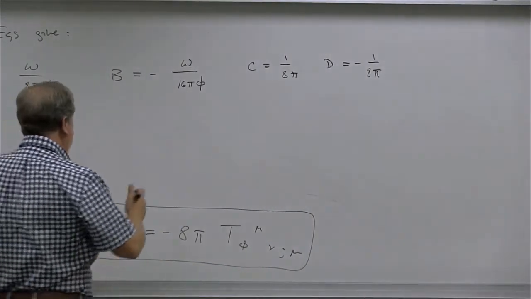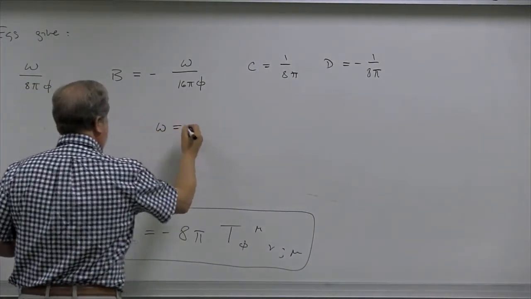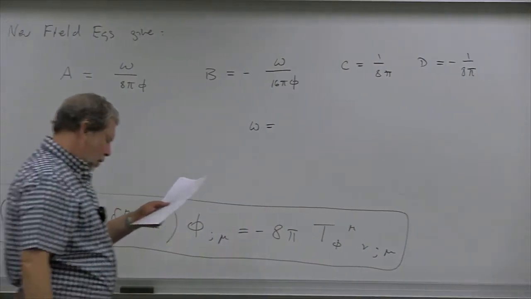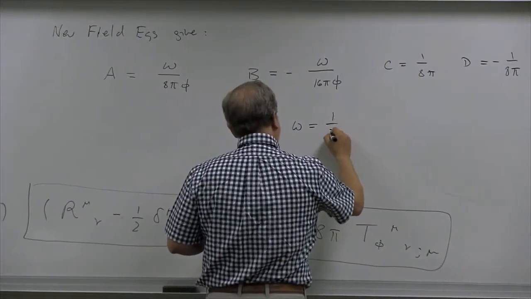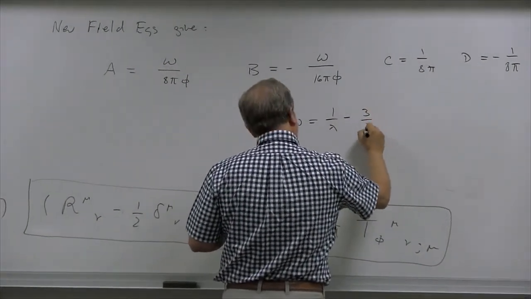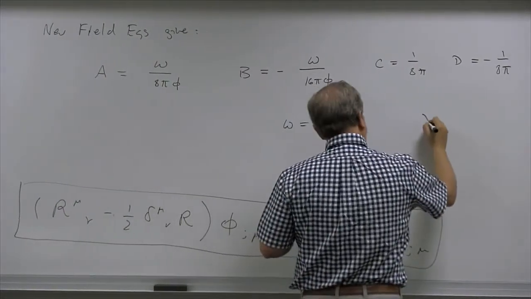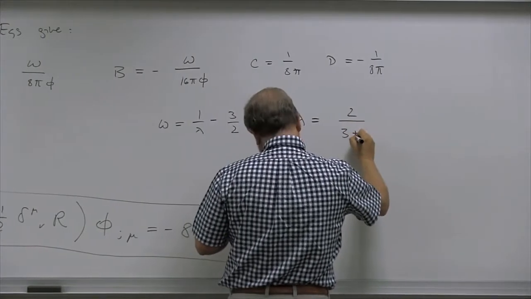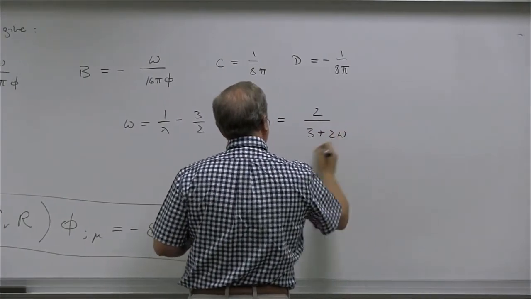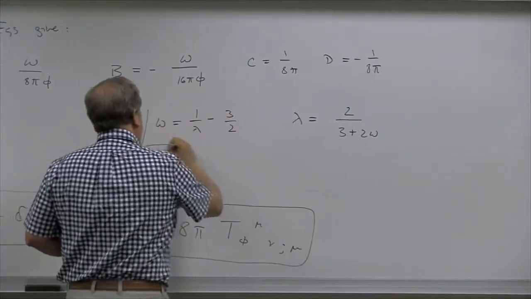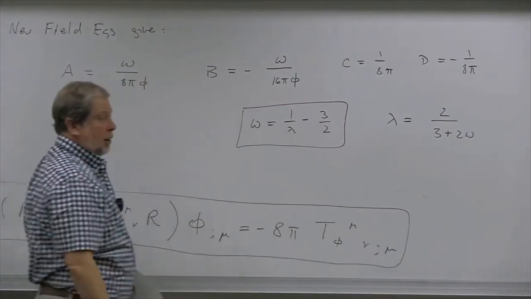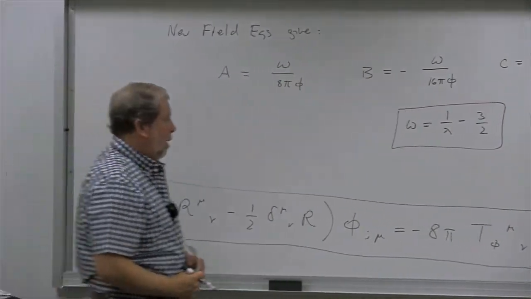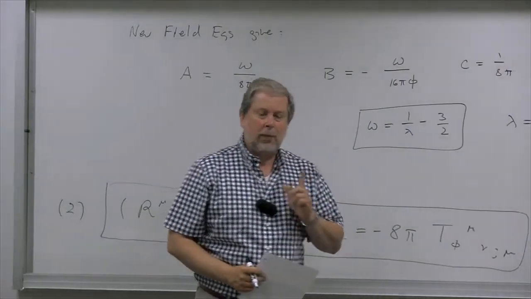And what is omega? Well, omega is something that is related to gamma. So omega, or lambda, I should say, 1 over lambda minus 3 over 2. So in other words, the original lambda is written as 2 over 3 plus 2 omega. So this is the Brans-Dicke parameter. By the way, lambda is dimensionless.